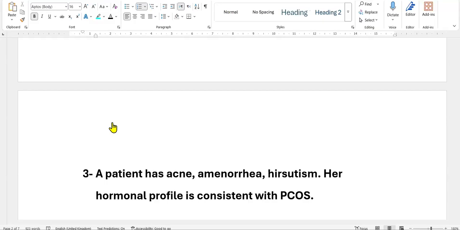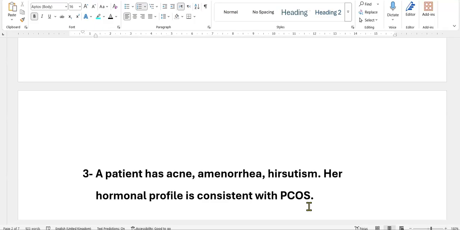All of these are suggestive of polycystic ovarian syndrome. Or you can tell her the symptoms that you have and the hormonal pattern in your tests are consistent or suggestive of something called polycystic ovarian syndrome. Right?